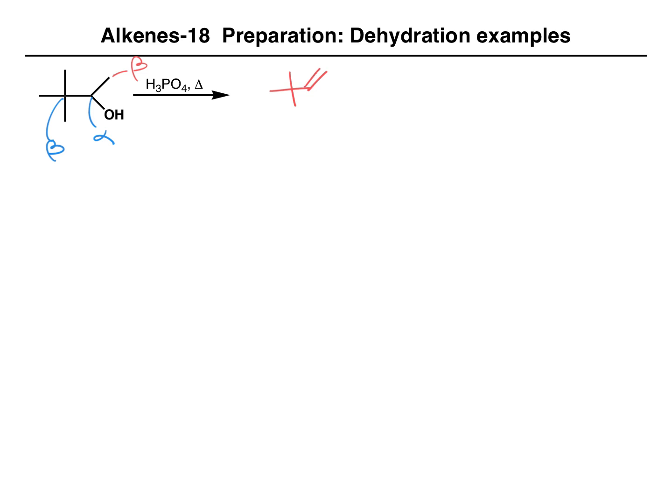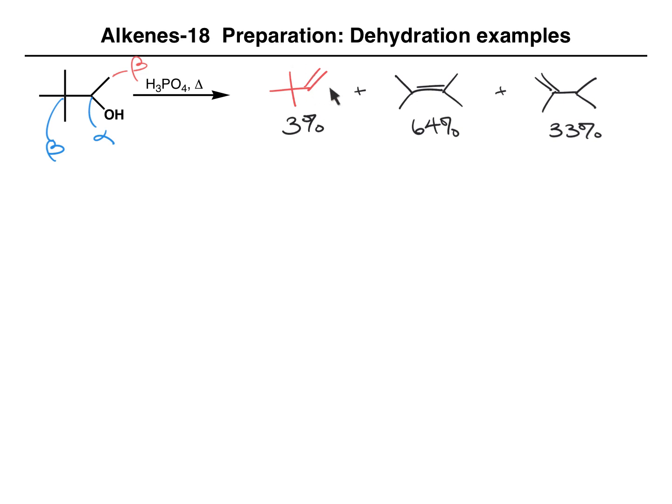What's been found experimentally, however, is that while this product is obtained, it's only in the amount of 3%, while the other products include this alkene in the amount of 64% and this alkene in the amount of 33%.